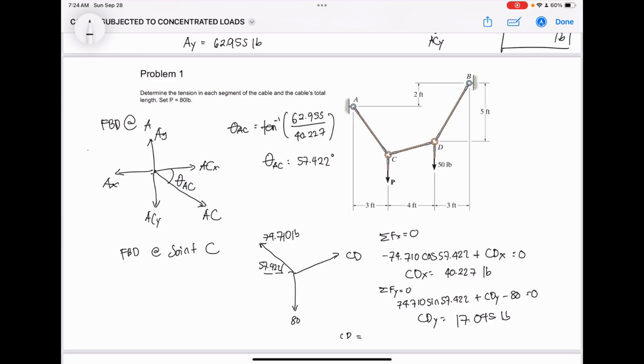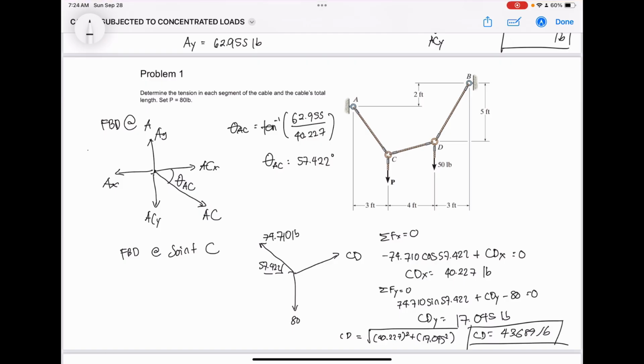CD is equal to square root of the components, 40.227 squared plus 17.045 squared. We have CD is equal to 43.689 pounds.